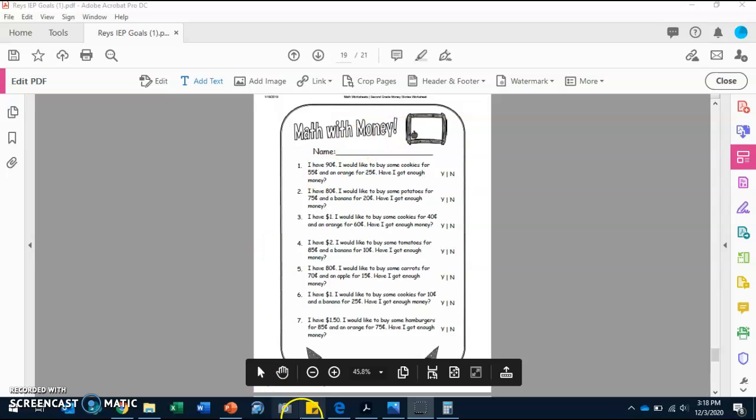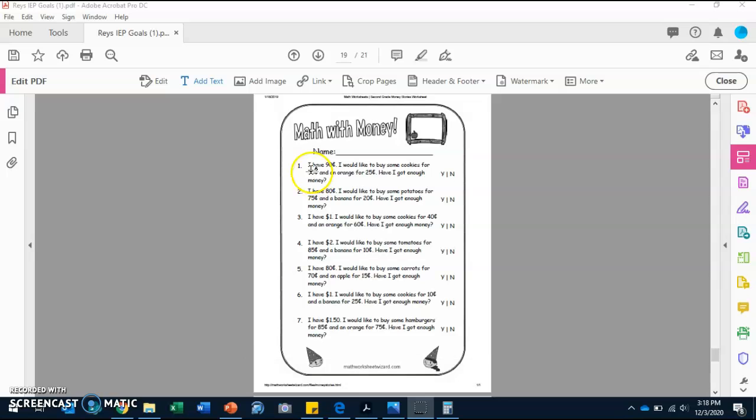Okay, Ray, so this is the worksheet for today. I will be doing question number 1 with you, and you will be doing the rest on your own. And number 1 starts off with, I have 90 cents. So I'm going to highlight it or underline it, whichever one is easier. I would like to buy some cookies for 55 cents and an orange for 25 cents.